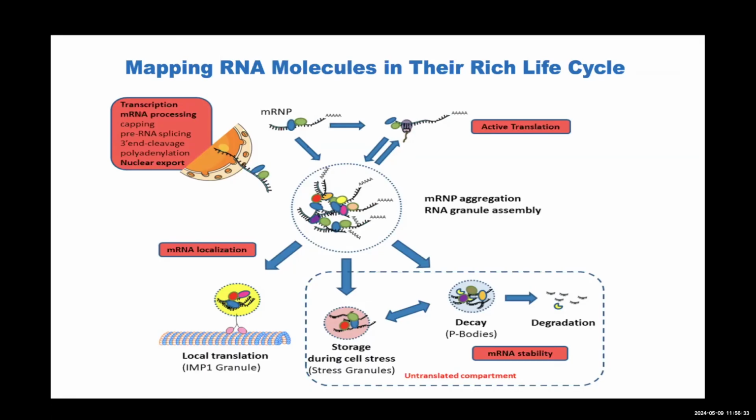We're asking, can we really understand the biology of every single RNA molecule directly in the tissue across the entire life cycle, from transcription to maturation, splicing into different isoforms, and translation and degradation? Can we look at those, and also not just the messenger RNAs, but the regulatory non-coding RNAs?